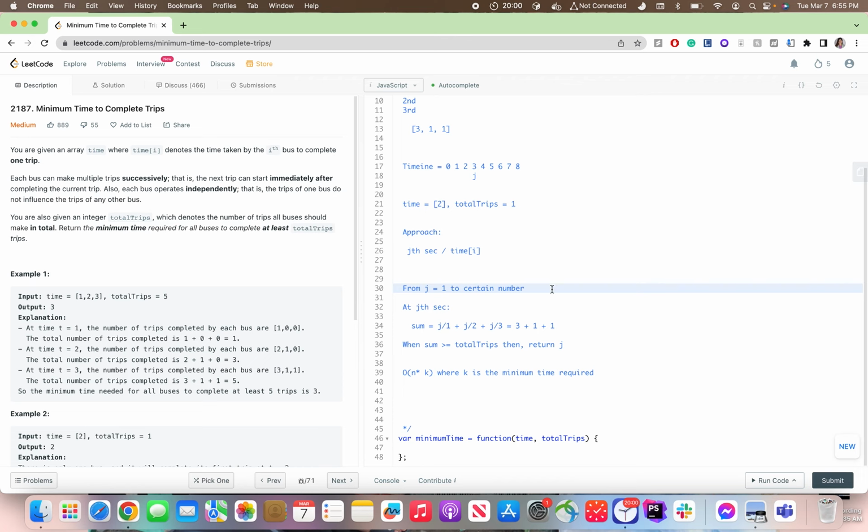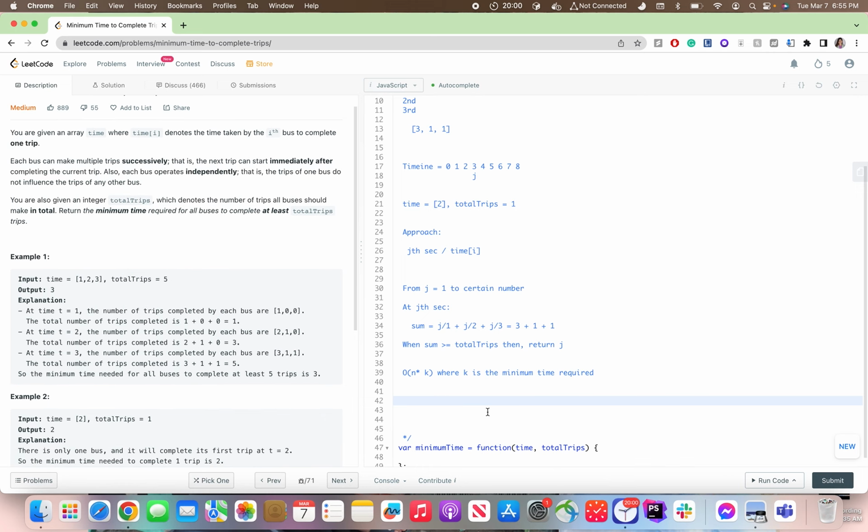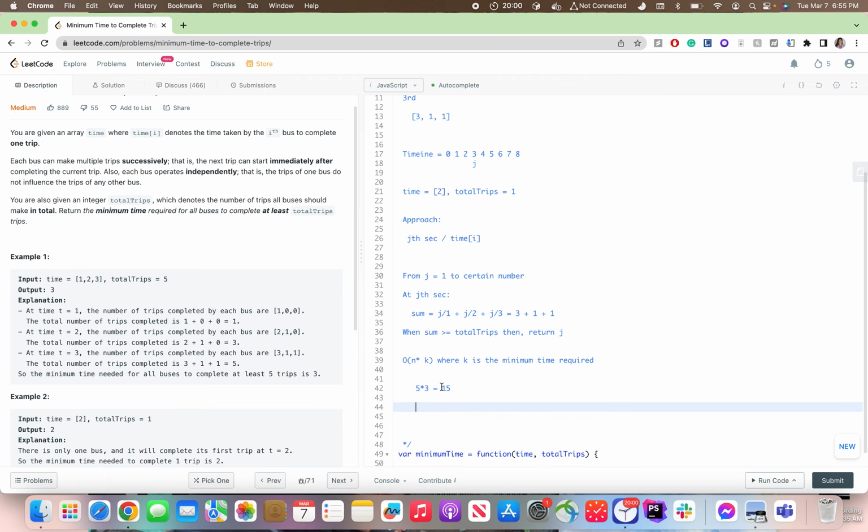So if total trips is equal to 5, then it can go until 5 times 3, right? 5 times 3 is 15, because if this is equal to 15, then 15 divided by 3 would be equal to 5.